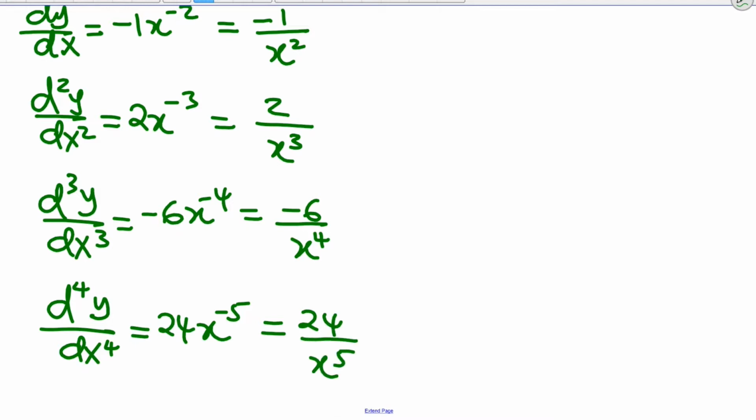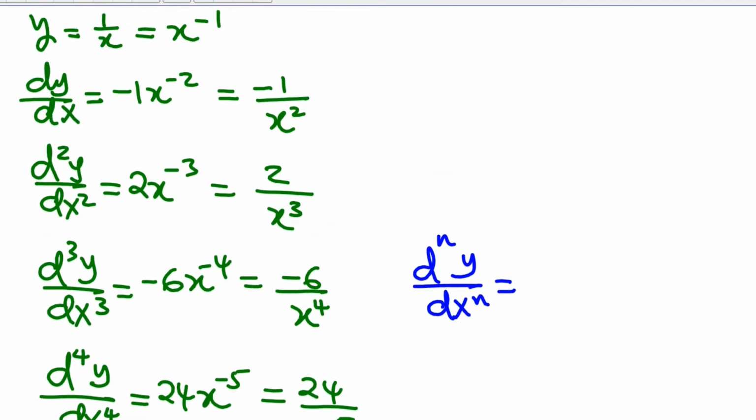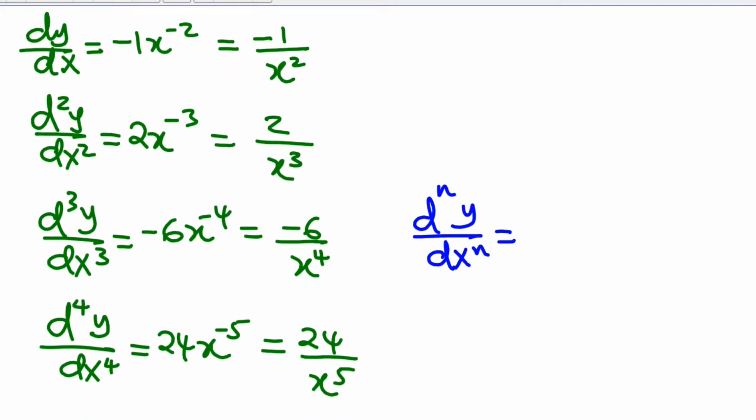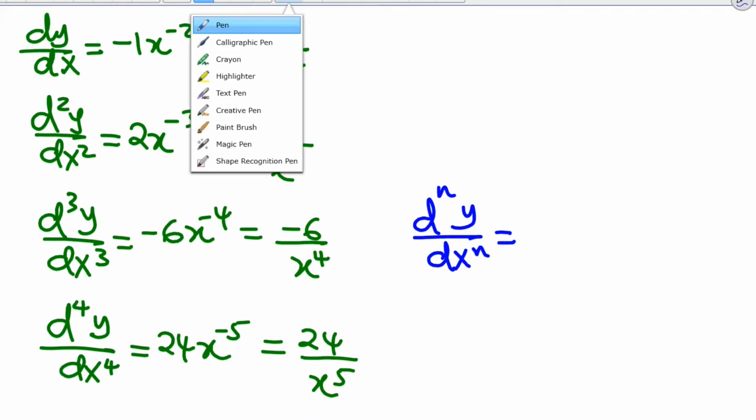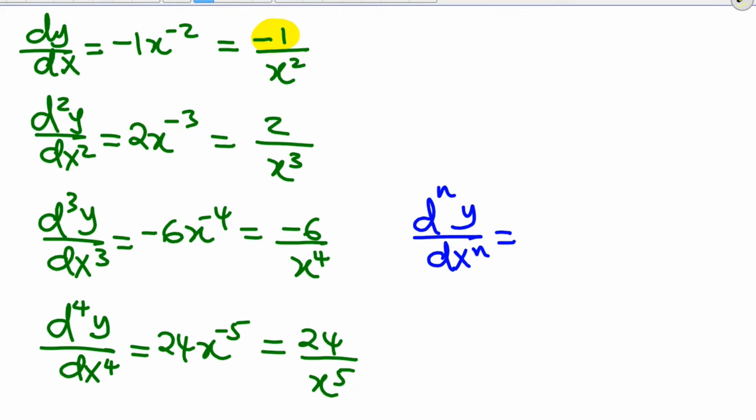Now remember, what you're interested in is finding the nth derivative of this function. So what we need to do is observe the patterns of these derivatives. Starting from here, we can see that for the derivatives, we have numerators of negative 1, 2, negative 6, 24.